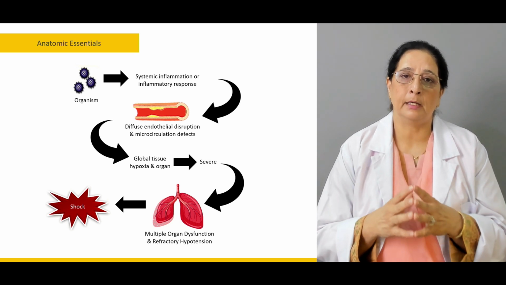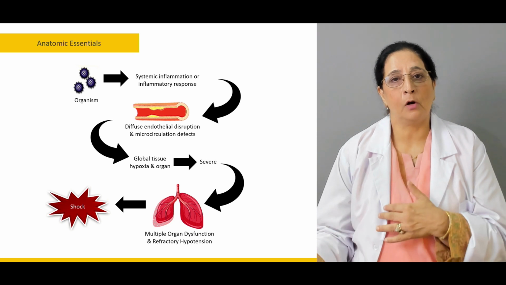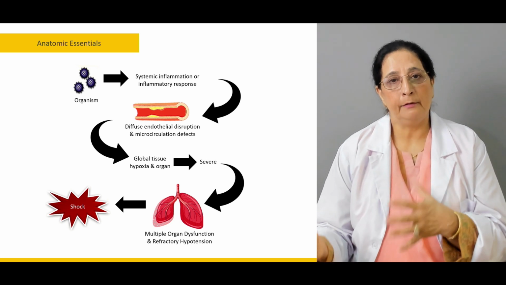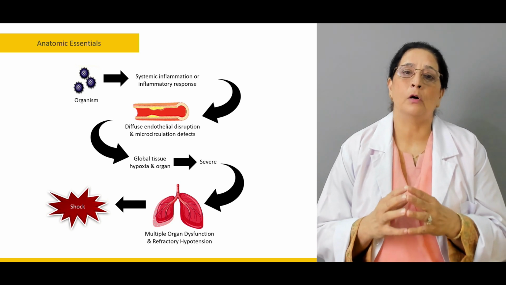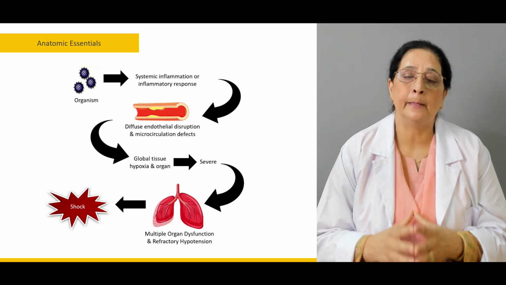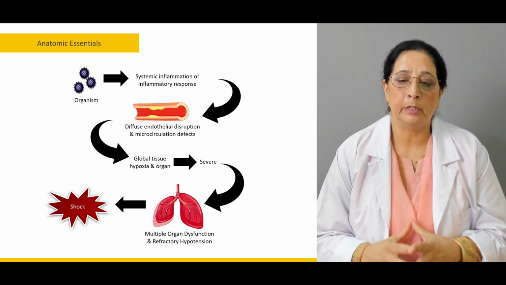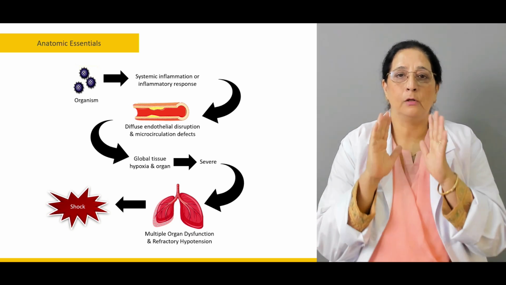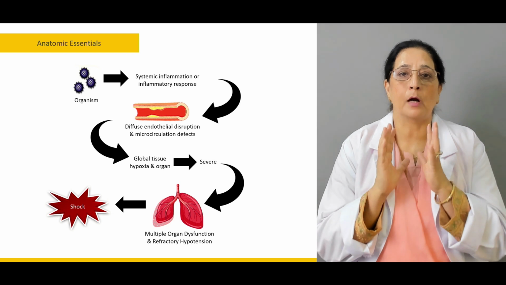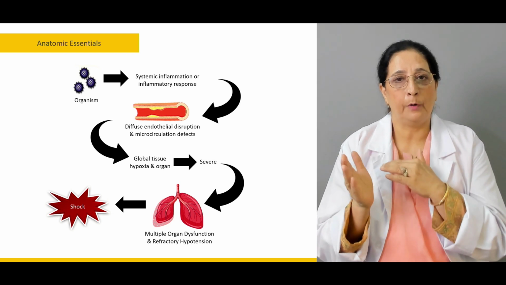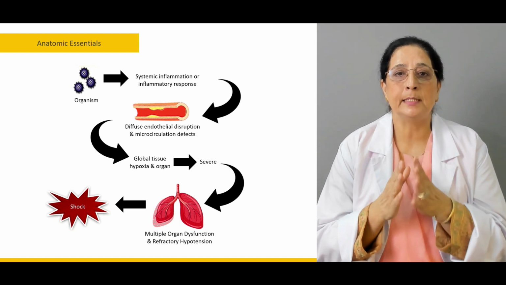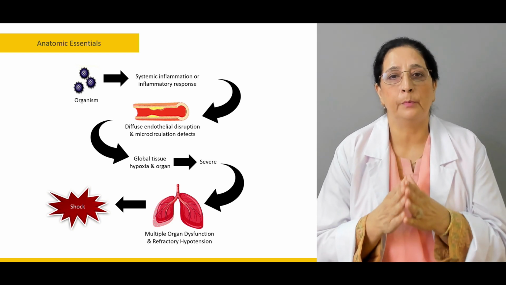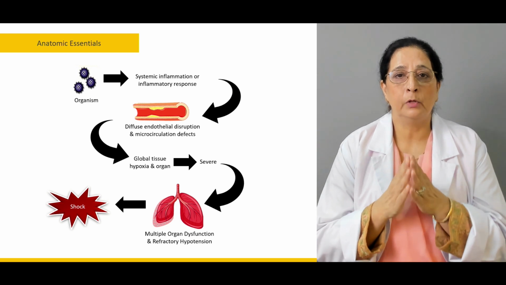But if it's weak, then it can cause a severe infection and spread to the blood vessels, where it can cause damage to the endothelium, to the microcirculation, and it can cause global hypoxia. Global hypoxia, tissue hypoxia, because the blood supply to different organs of the body is not good enough.